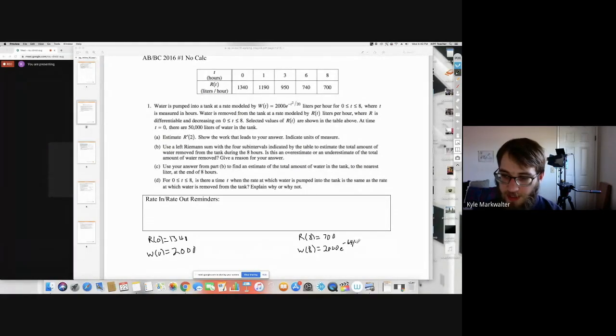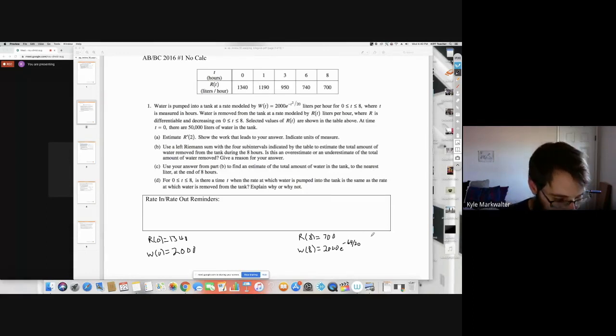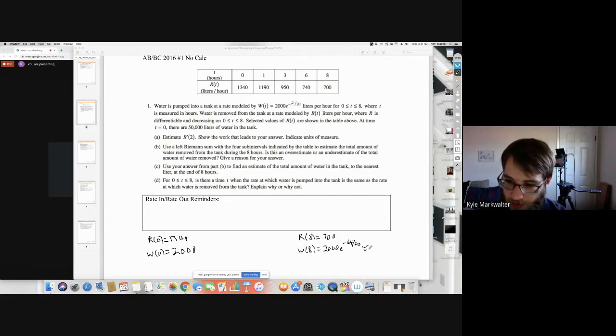We're going to cheat a little bit because this is a calculator active question, so I will help us out here just to practice the calculus idea. 2000 e to the negative 64 20ths is about 81. So here's what I observe. W is going to go from 2000 to 81. R is going to go from 1340 to 700.